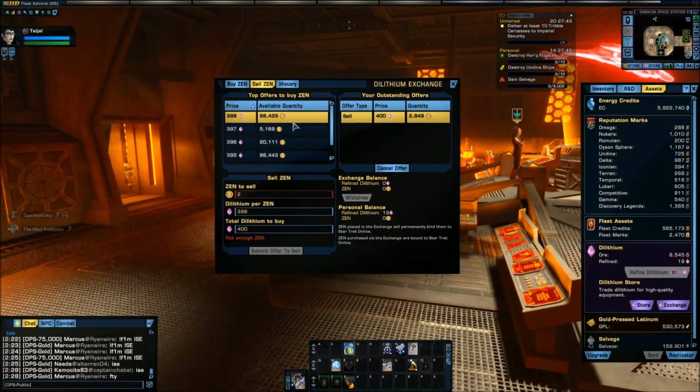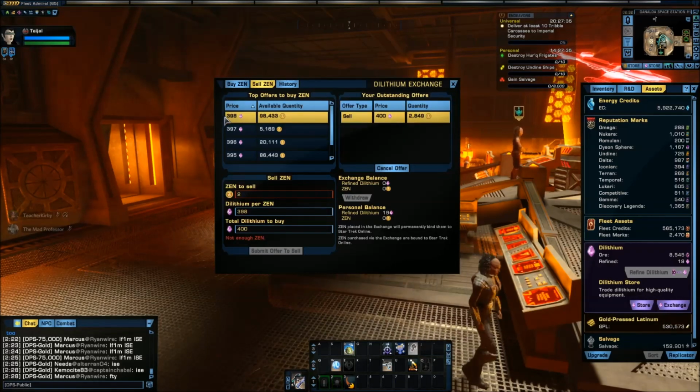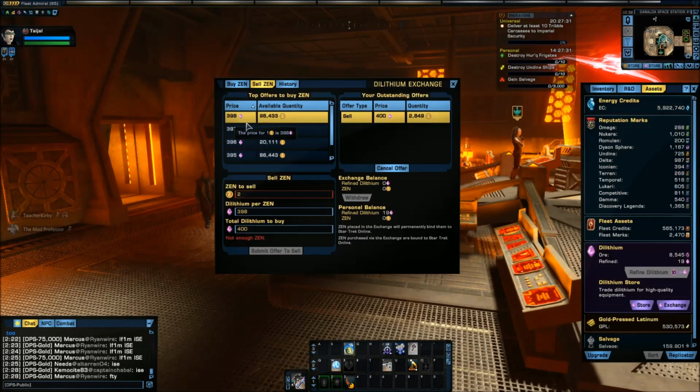So that's important because that's how you make the money, is by getting extra dilithium that you can use to buy the Zen. And that's how you do it, is by buying at a lower price than what you sold the Zen for.